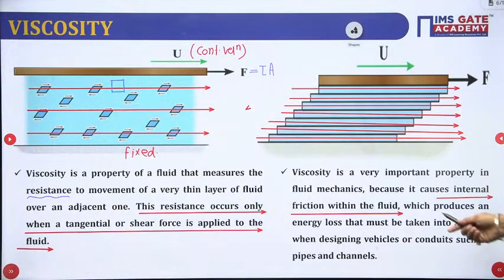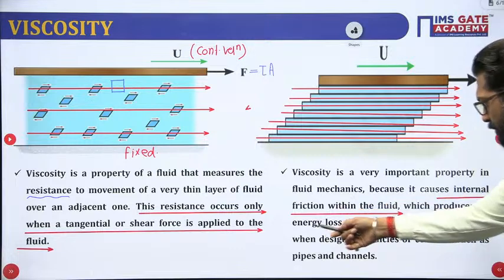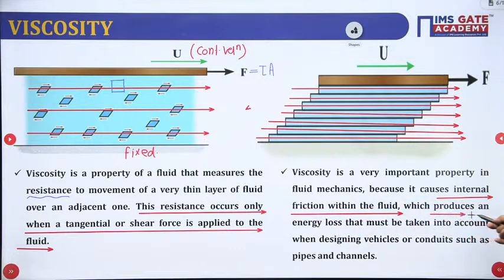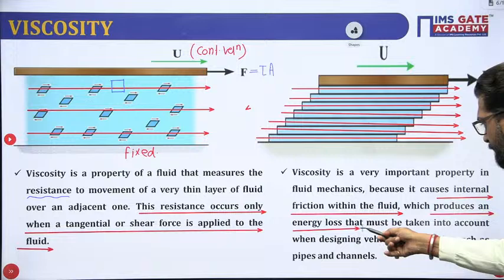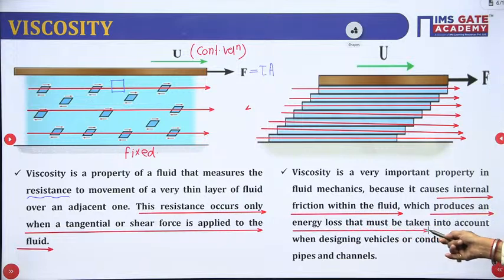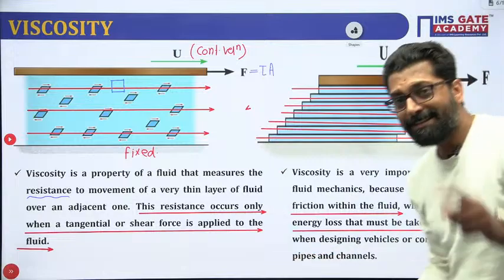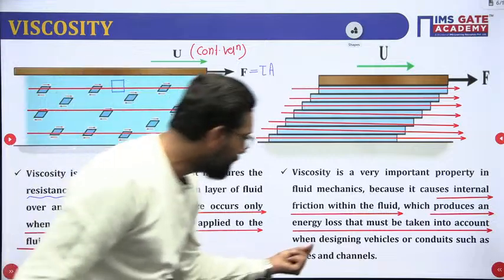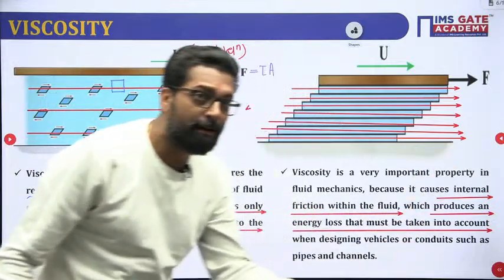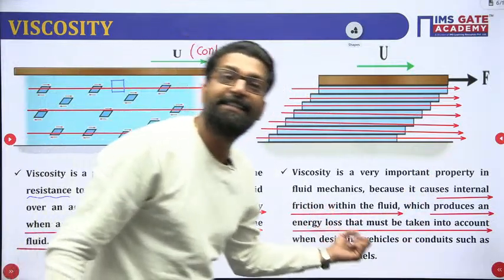Okay, so the friction which is produced, if there is an internal resistance, due to this internal resistance, energy must be lost, and this energy loss has to be taken into account when we design vehicles, pipes, or any channel.